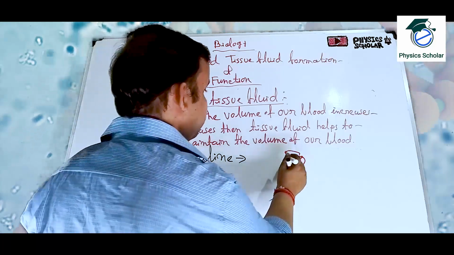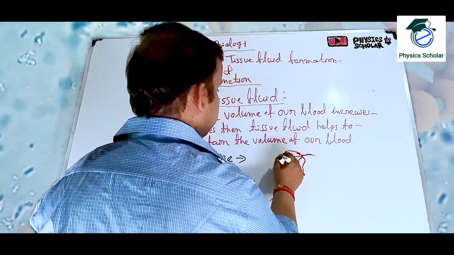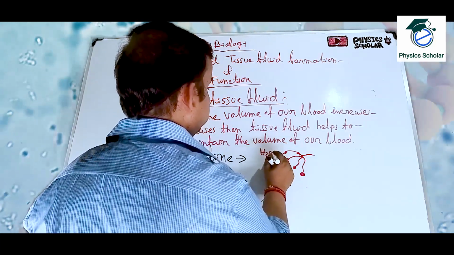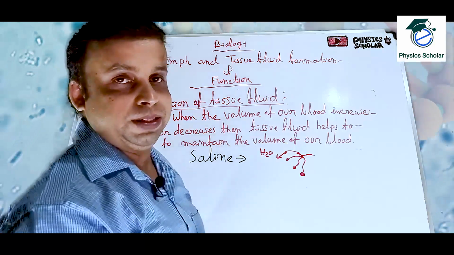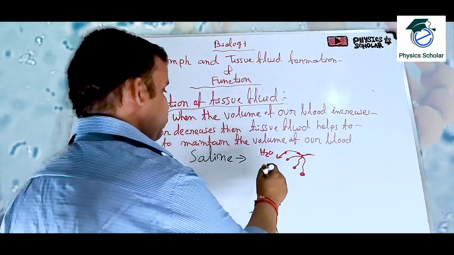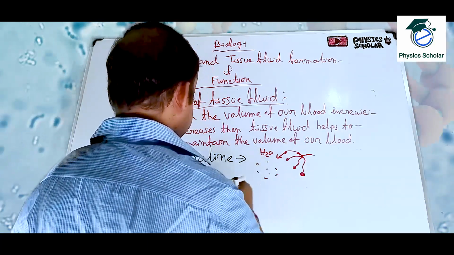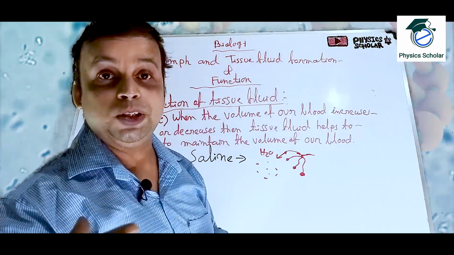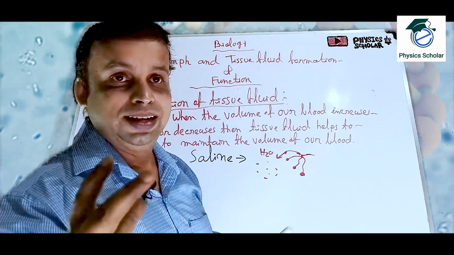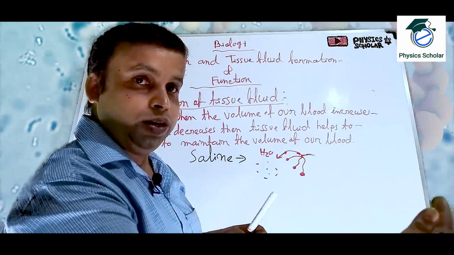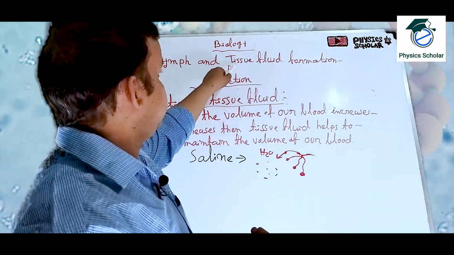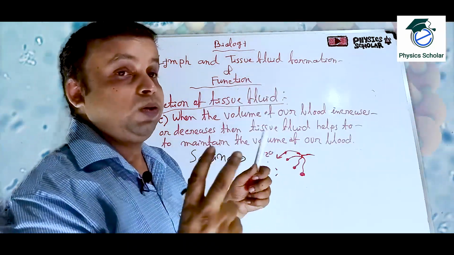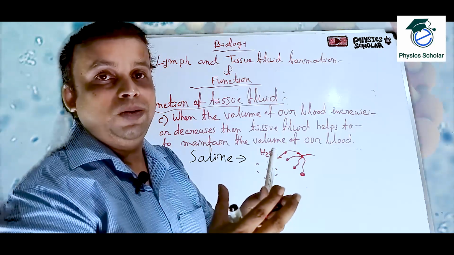Then due to osmotic pressure, the water will come out from the blood vessels, or from the capillaries, and the amount of tissue fluid will increase. Thus the extra amount of water is coming out from the blood as tissue fluid. Clear? So the volume of the blood will now decrease.